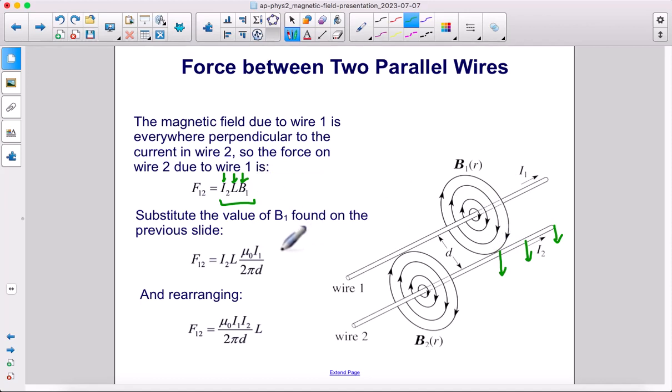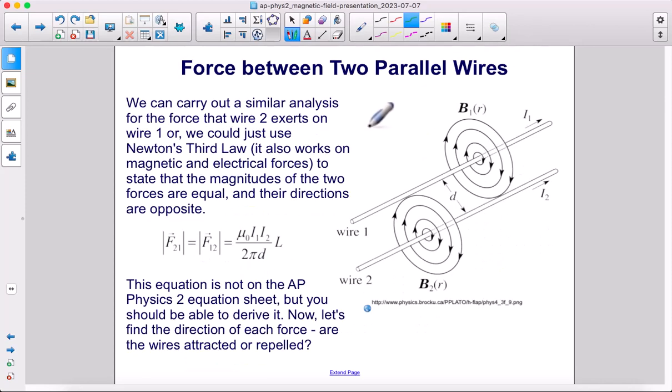If we substitute the value of B1 that we found on the previous slide, so instead of B1 we put all of this in there, we can rearrange and we get this equation, which is not on the AP2 equation sheet. This is something that you would have to derive by combining those previous two equations.